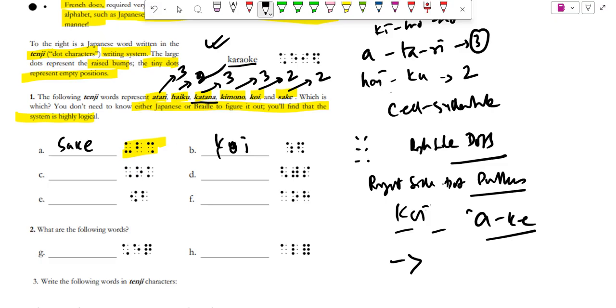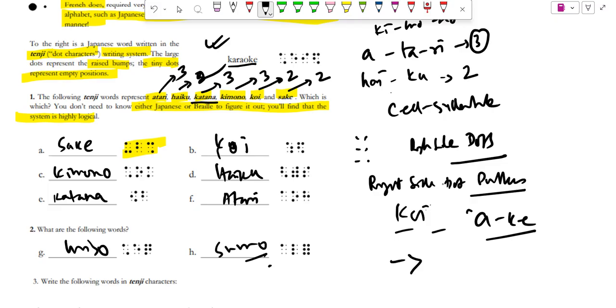As I said, katana is the 3-cell one, K-A-T-A-N-A, and this is kimono, and this is haiku, and last but not least is atari. In the same way we can match the rest: this will be mi, and this is su. So that's it. In the next video, we'll come with more questions.